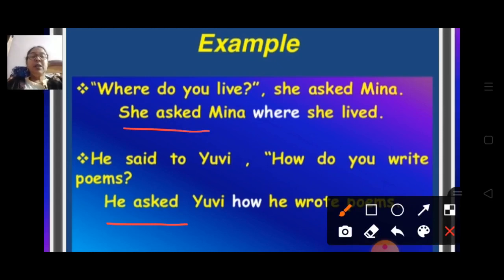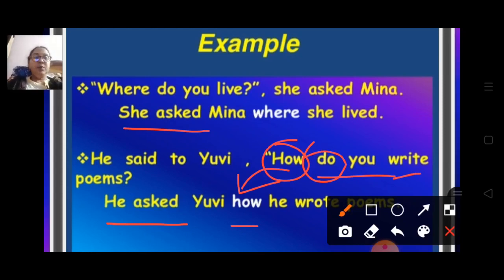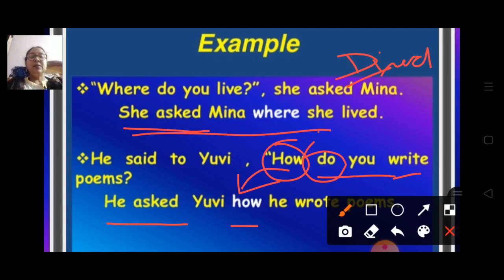She asked Meena, he asked UV how, because how is written over it, that is why it will change to how he wrote poems. Here we only use how he wrote poems. So you can see the difference between those two sentences. This is direct speech and this is indirect speech we have changed.